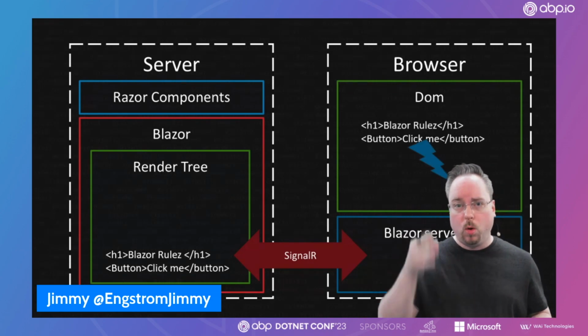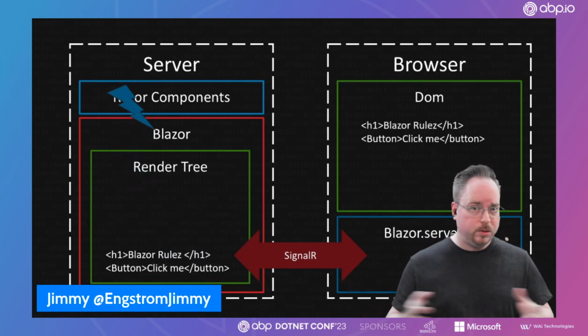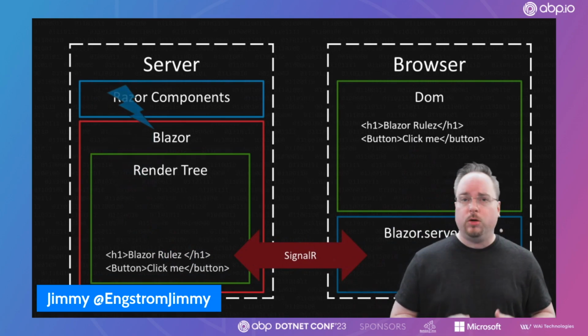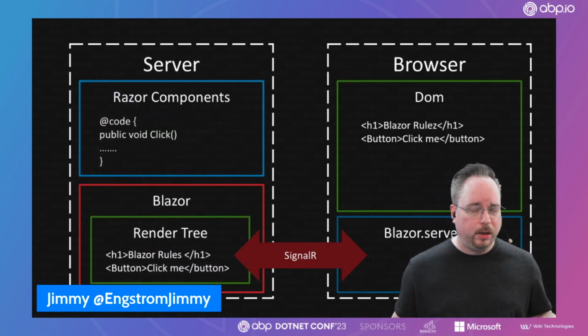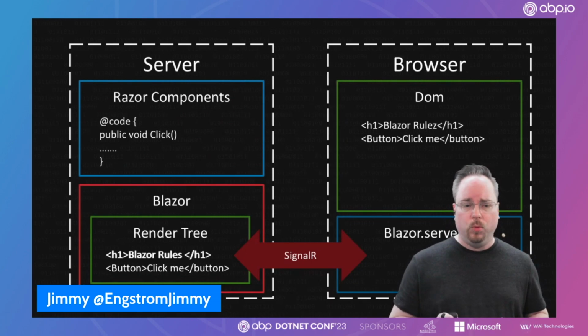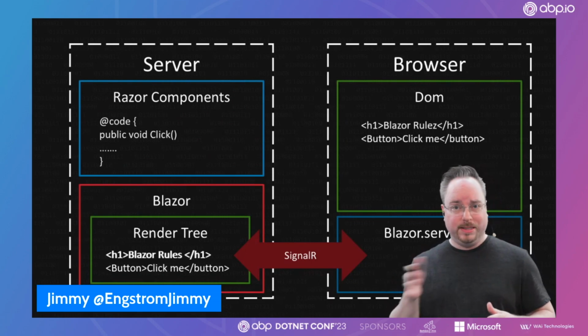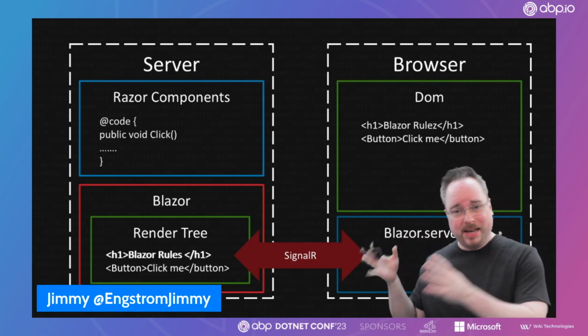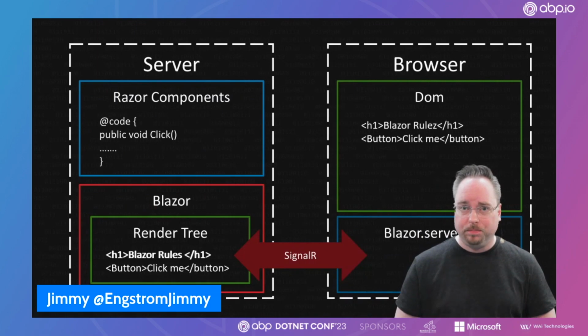That event is going to go over to the JavaScript, over SignalR, and into our components. The component is going to re-render something. In this case, a very subtle change: Blazor rules with a Z, and replace it with an S instead. Blazor still knows what it has on the client and what it has on the server.